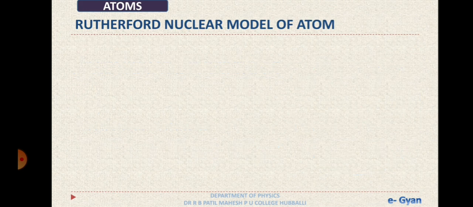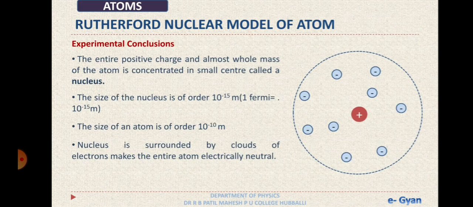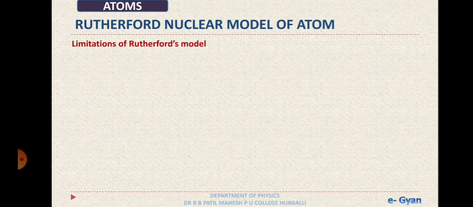So these were the experimental conclusions of Rutherford's atomic model. But still, the model failed to explain some things, which led to the next proposition. A new model was proposed. Now let us try to understand what the limitations of Rutherford's model were.